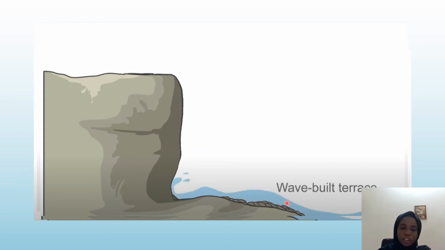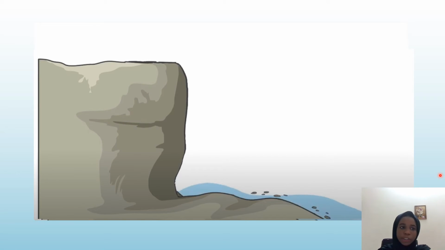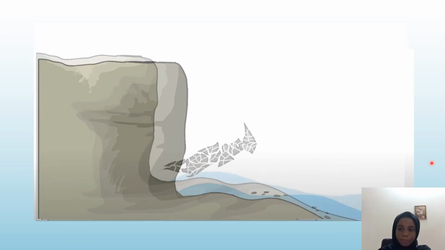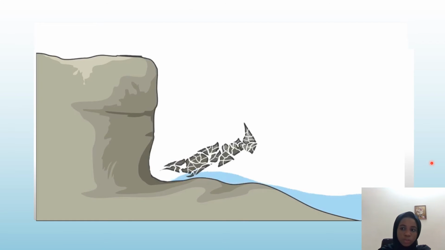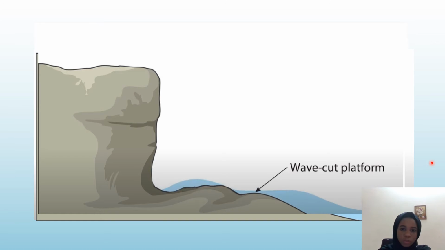This loose material and the water erodes the cliff further in a process called abrasion. Materials eroded are then deposited on this platform to form a wave-built terrace.